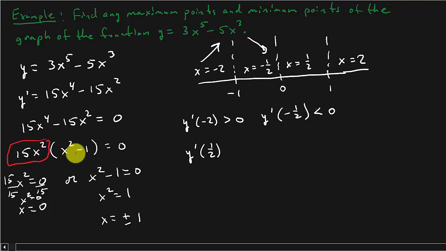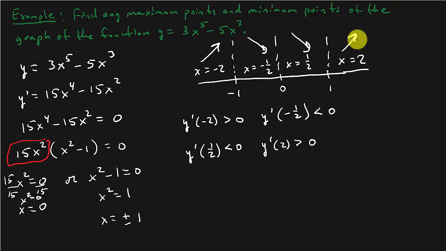That's negative times a positive, which is negative, so that's decreasing. And then when I plug the 2 in, y prime of 2, positive times a positive is positive. So that's increasing.